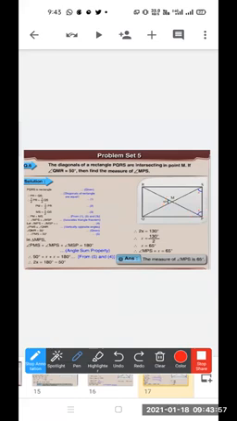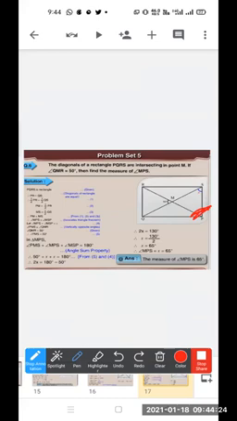So what is given? PQRS is a rectangle, children. We have to find the measure of angle MPS. Now see here, PR and QS are the diagonals of the rectangle, and we know that diagonals of a rectangle are congruent.